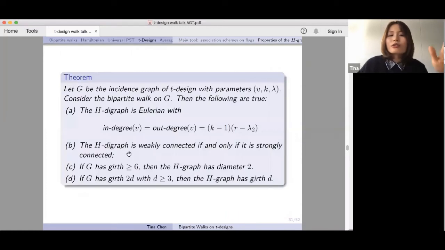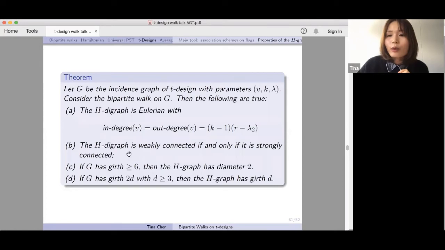Using the association scheme we just defined, we can get some information about our H-digraph. If G is the incidence matrix of a t-design and we consider the bipartite walk over this incidence graph, then its H-digraph will be Eulerian with in-degree and out-degree equal to (k−1)(r−λ_2).